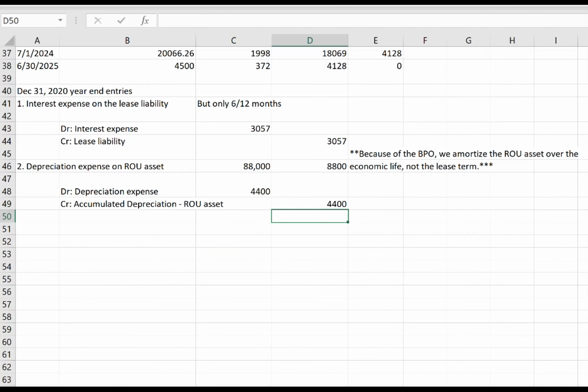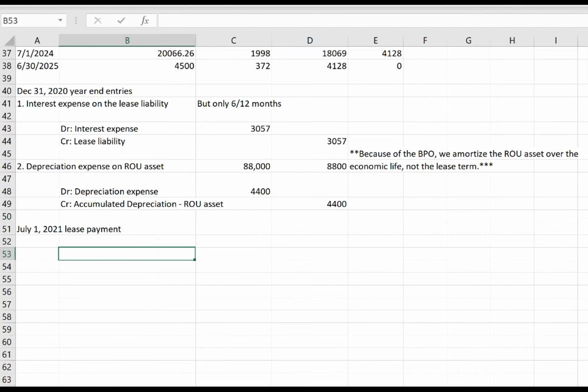So what's the next event in the lease? Well, on July 1st of each year, so July 1st, 2021, we need to make a lease payment. So we're going to have debit lease liability, credit cash, and this is just going to be for our exact lease payment.